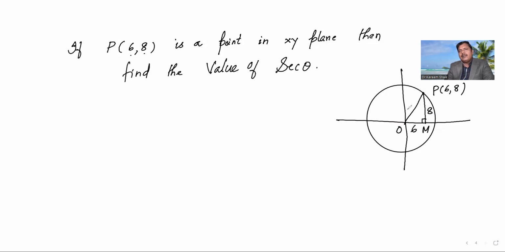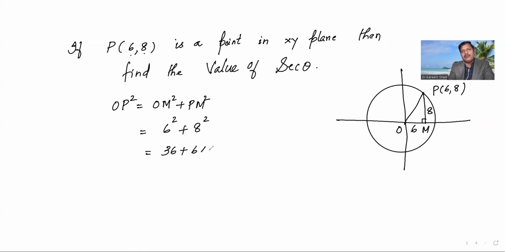Now I want to find OP. We know that OP square equals OM square plus PM square. Why? By using the Pythagoras theorem. So OM value 6 square plus PM value 8 square is 36 plus 64 equals 100.